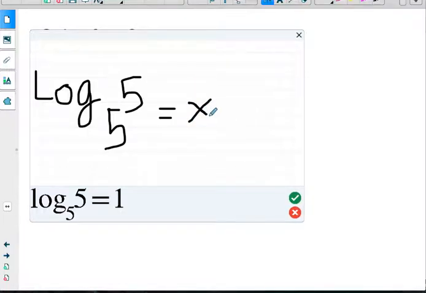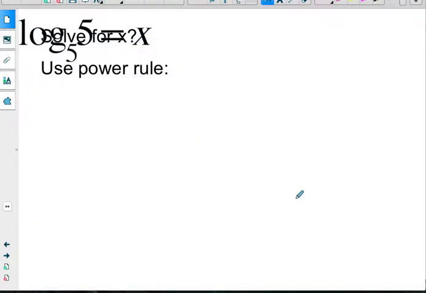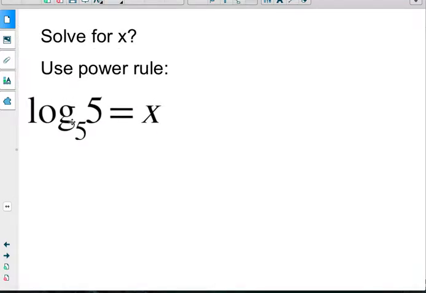In a moment you will see how it relates to the power rule. We have this beautiful equation right here: log base 5 of 5 is equal to x. We're going to evaluate it for x.